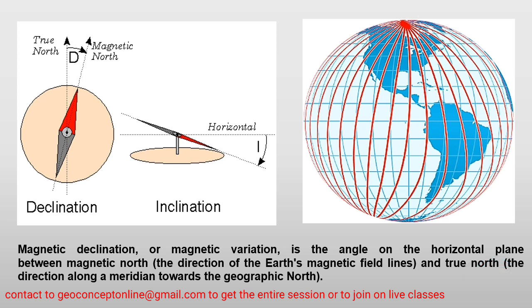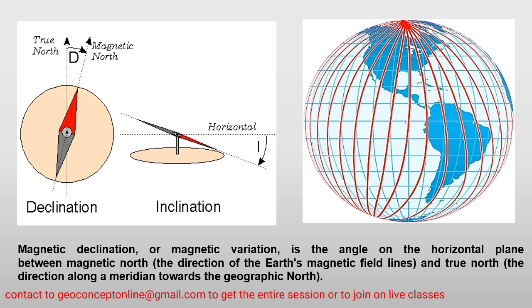Geographical north means the pole through which the rotational axis of the earth passes. But any type of magnetic compass will point towards the magnetic north pole, rather than the geographic north pole.